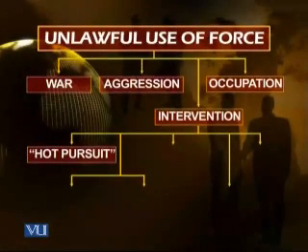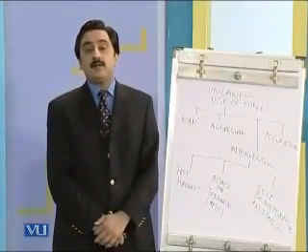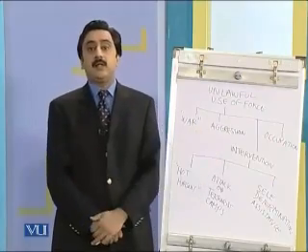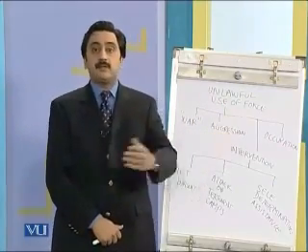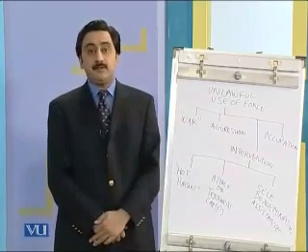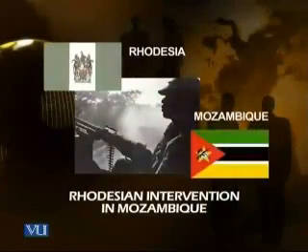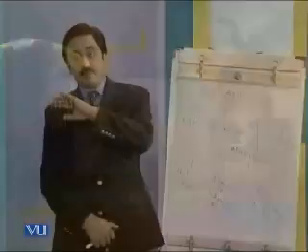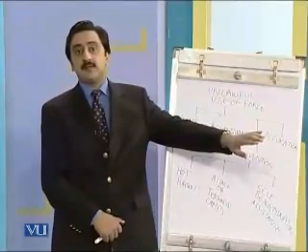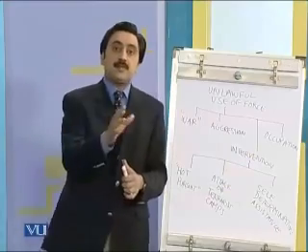To tell you straightforwardly, India, for example, said that we will, through hot pursuit, come into Azad Jammu and Kashmir, or we'll attack places where we think terrorist camps are being run, and we'll do it under the doctrine of hot pursuit. Now, this doctrine was also used by Rhodesia against Mozambique in 1977, when Rhodesians came about 60 kilometers into Mozambique territory on the doctrine of hot pursuit, saying that we are pursuing the rebels which had come into our territory.